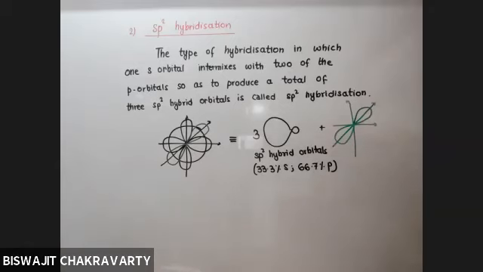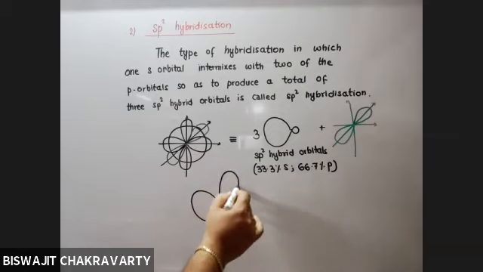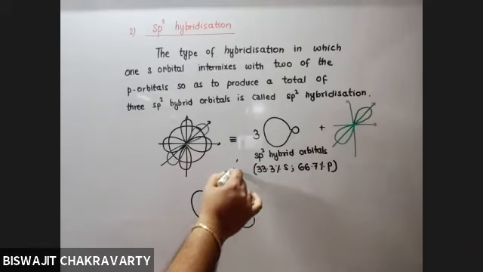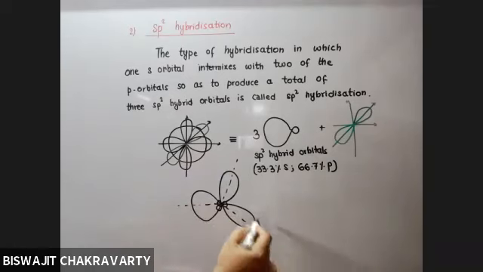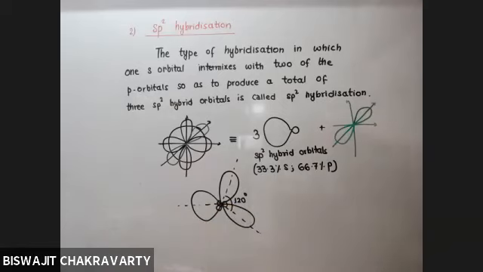So they are going to rearrange themselves in this manner, making a bond angle of 120 degrees. And what about the unhybridized p orbital?